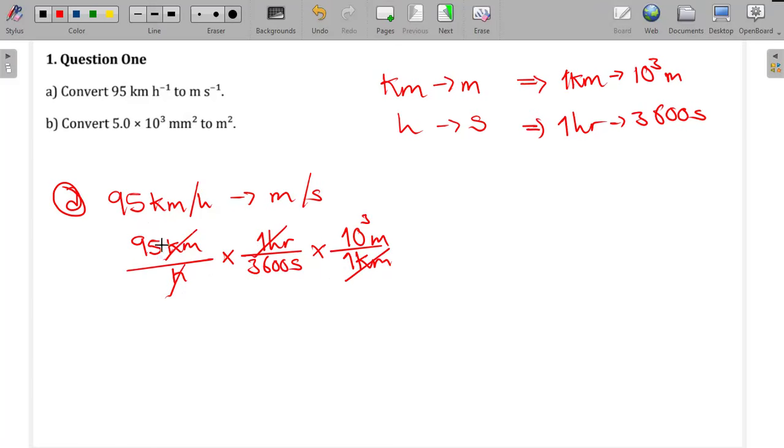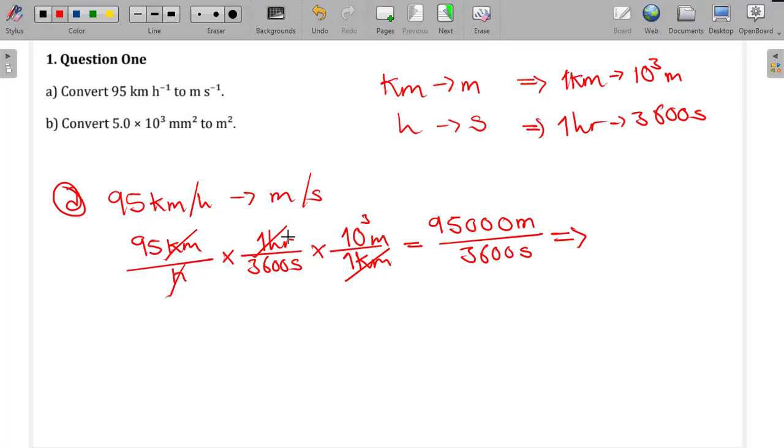We're remaining with 95 multiplied by 10 to the power 3 meters, which is the same as 95 multiplied by 1,000, which gives us approximately 95,000 meters divided by 3,600 seconds. And this should give us our final answer.